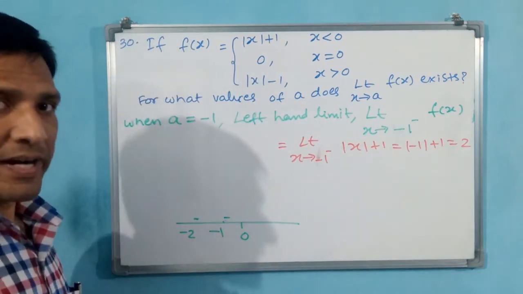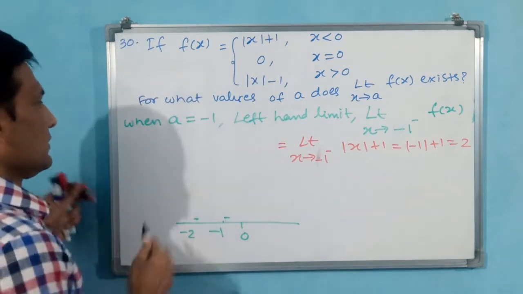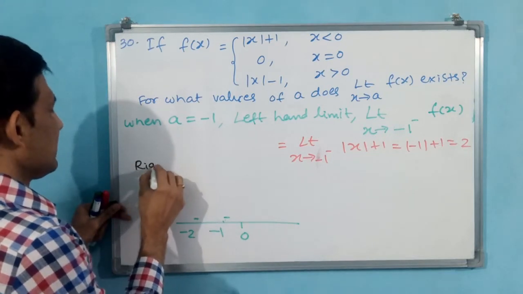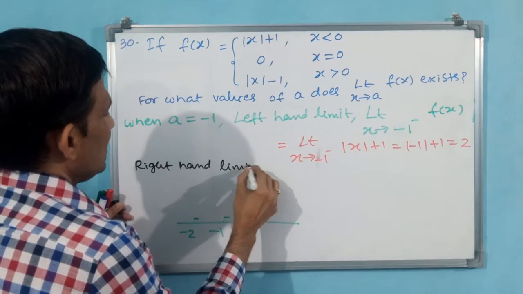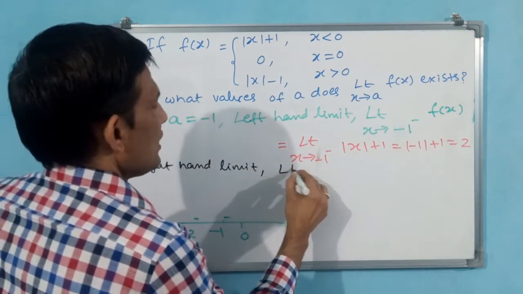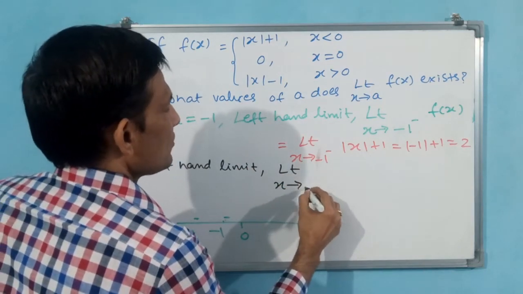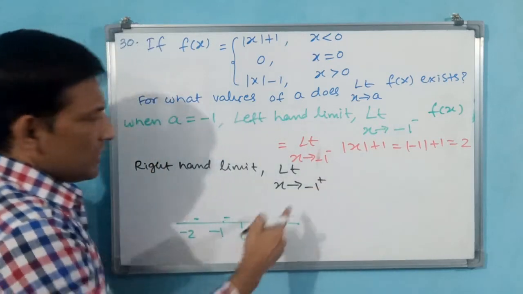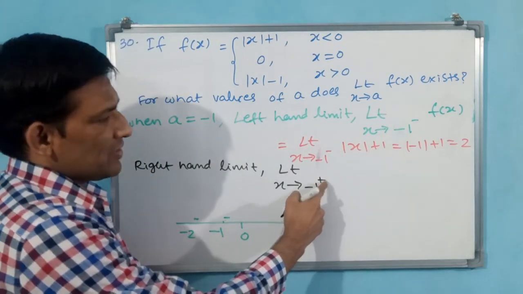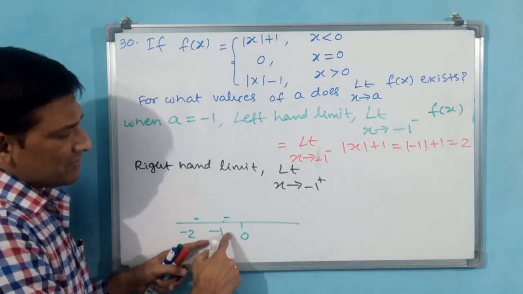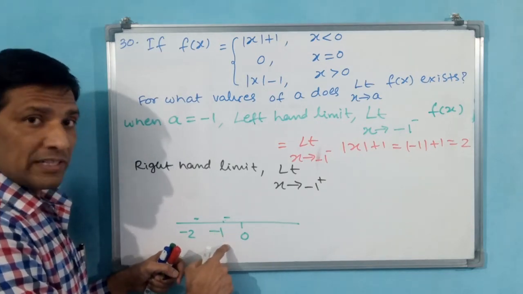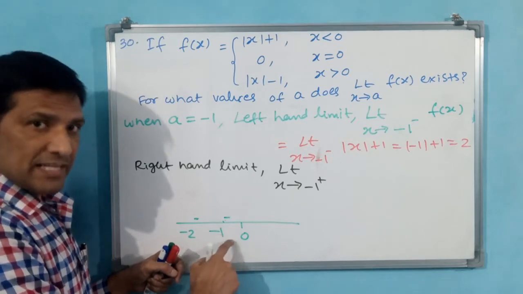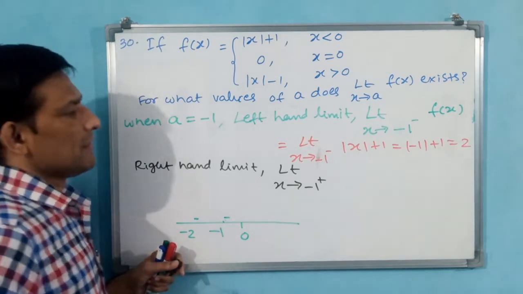Let us go for the right hand limit of this one. Limit x tends to -1 plus. This is a sign, but this is position. -1 plus means this side it is there. -1 minus, -1 plus, but still it is less than 0 only. Even though -1 plus, it is less than 0. Okay, that you have to understand.